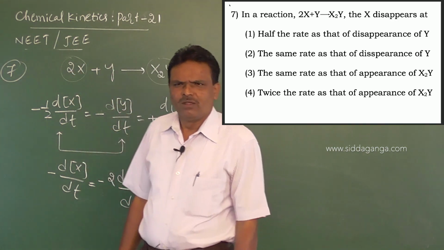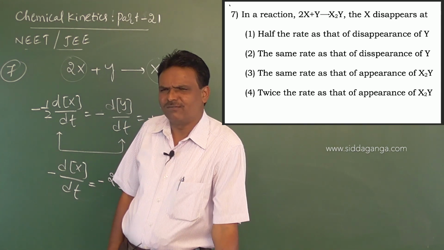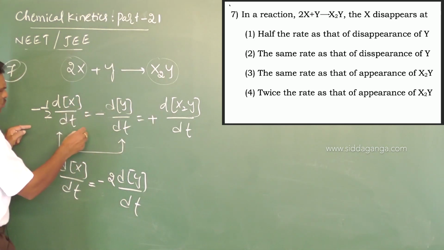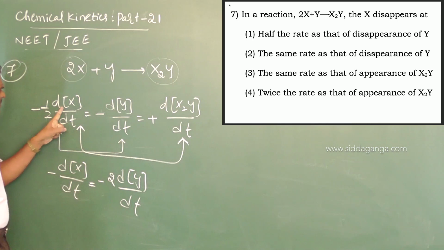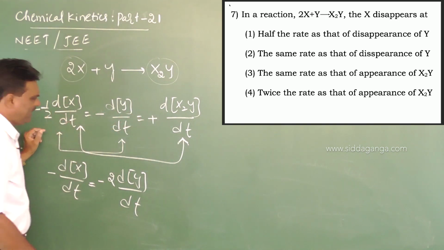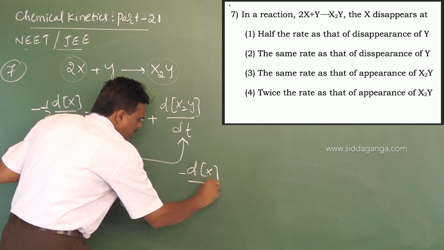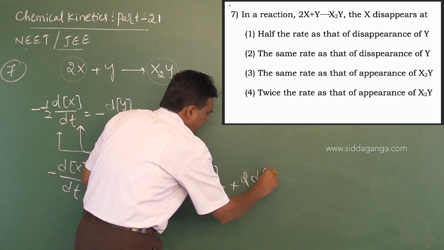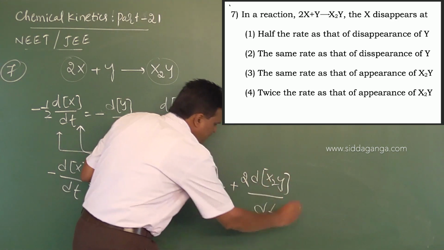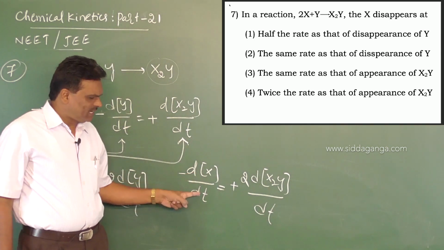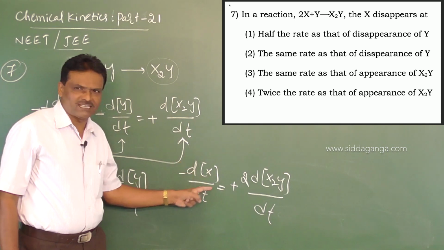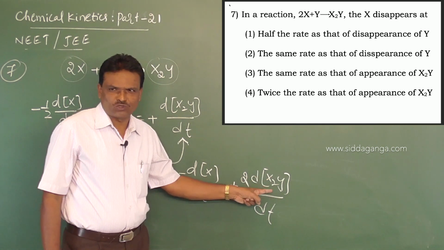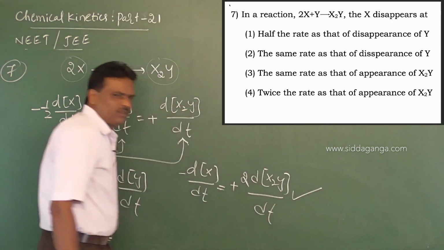Then fourth option, twice the rate as that of appearance of x2y. Observe, x2y, send this 2 to the other side. By considering these two, x and y, minus dx by dt is equal to plus 2 times dx2y by dt. So x disappears at twice the rate of appearance of x2y.